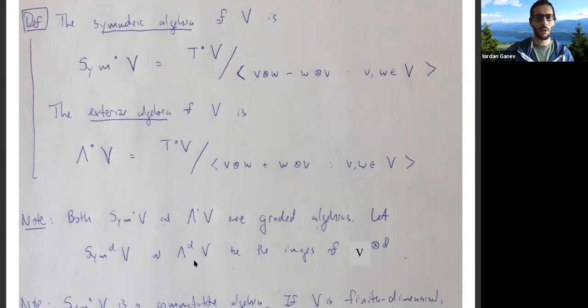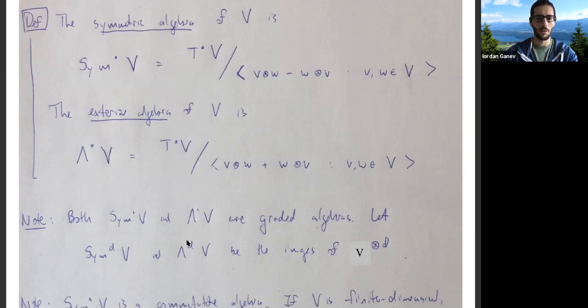For the exterior algebra, we also get something similar, except we have to be careful because V tensor V goes to 0 inside the exterior algebra, and V tensor W goes to minus W tensor V. So sometimes we get zeros, and sometimes we get these minus signs coming up.